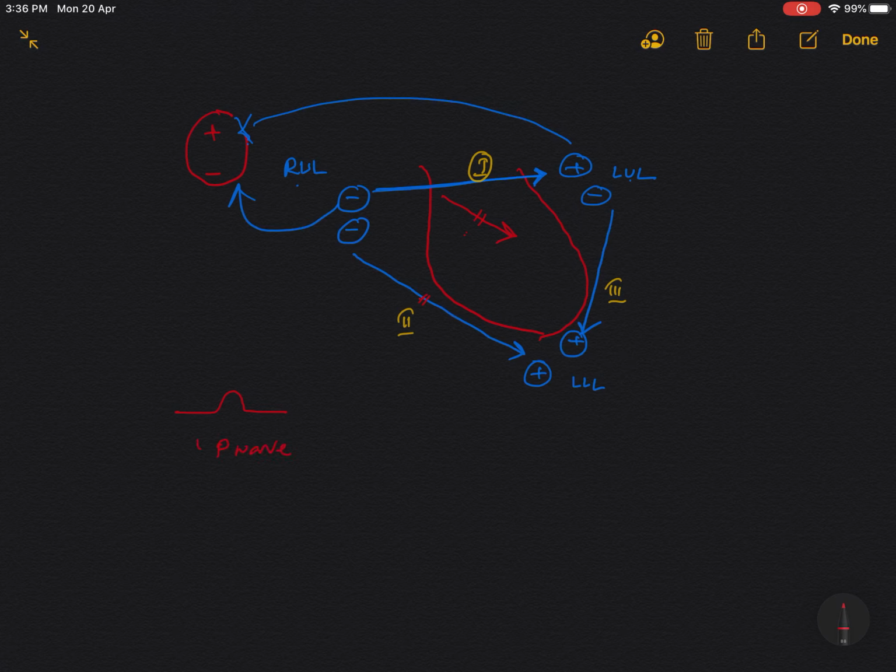We have already seen this in our basic part 1 video. So lead 2 will be the best lead to analyze the P wave. In lead 3 there will be a slightly positive deflection, as well as in lead 1 there will be a slightly positive deflection of the P wave.